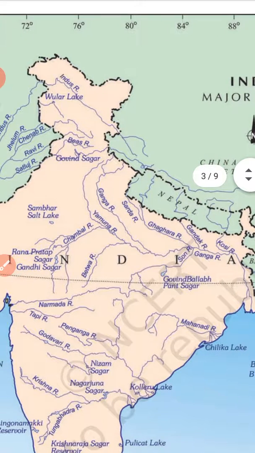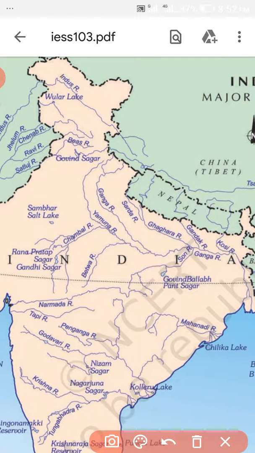The head streams of the river Ganga are the Alaknanda and the Bhagirathi, and both join at the place Devprayag. So you can easily understand the river Ganga with this map.